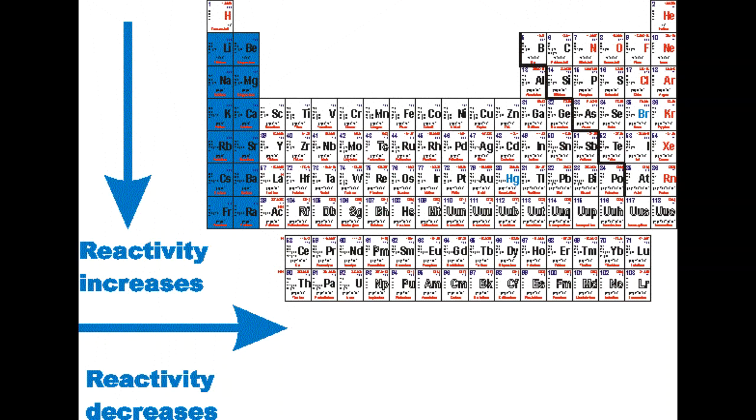Remember it carefully: the reactivity of metals increases as we go down a vertical column, and reactivity of metals decreases as we go from left to right along a period.